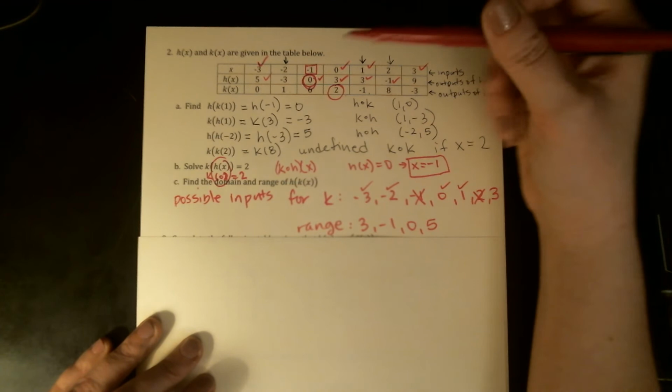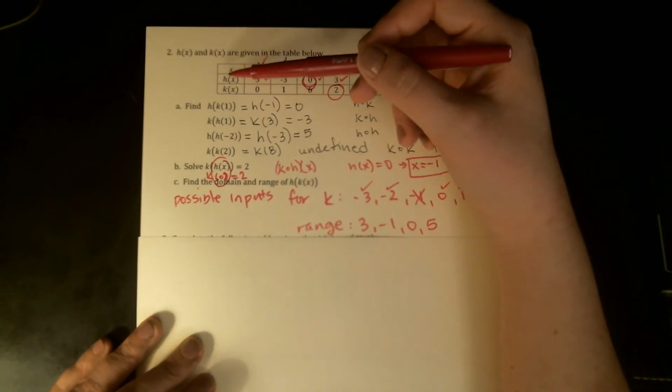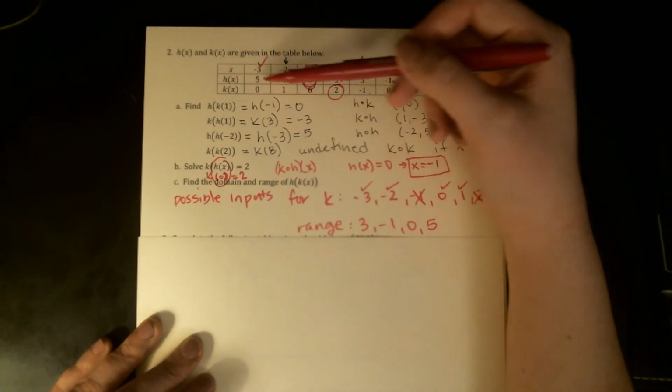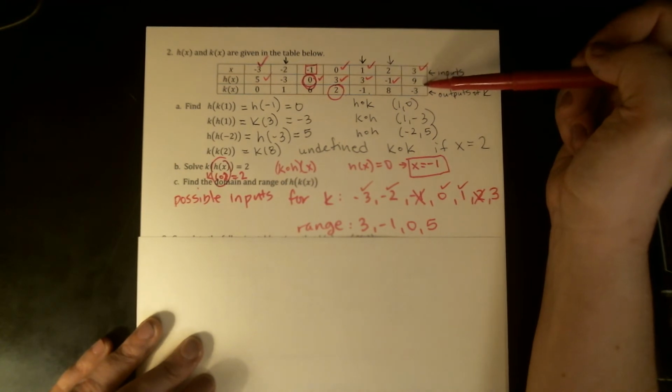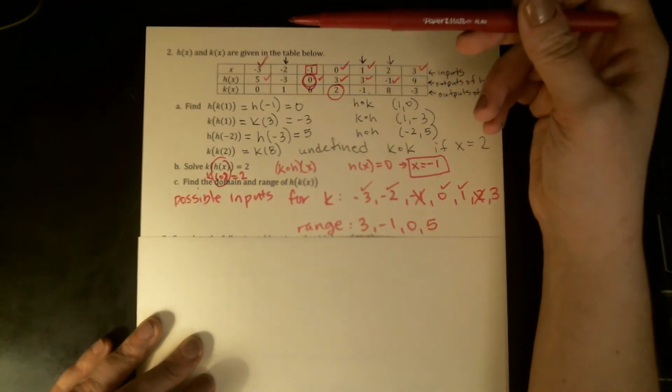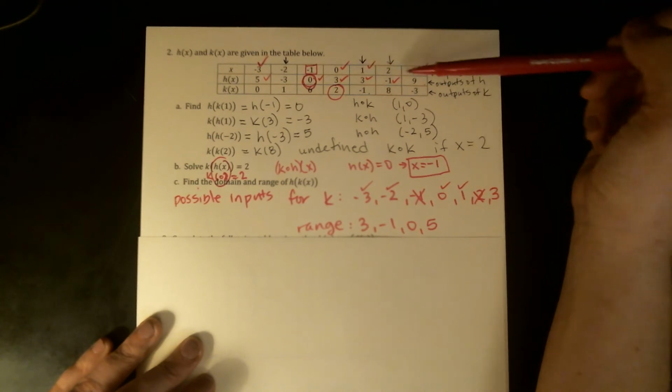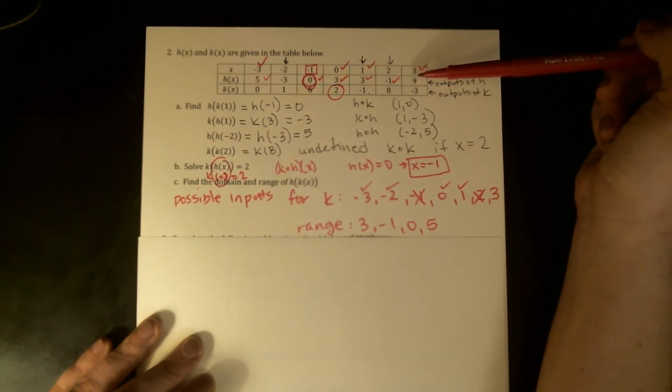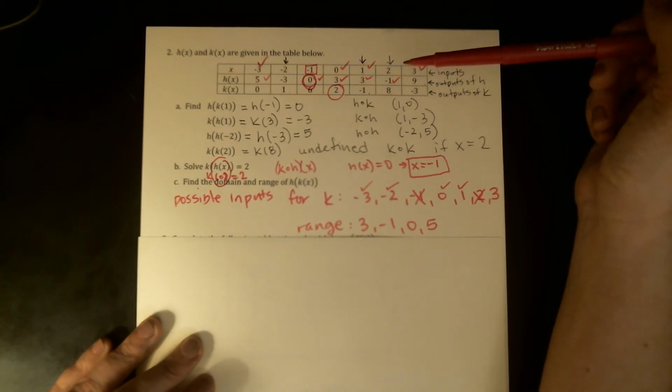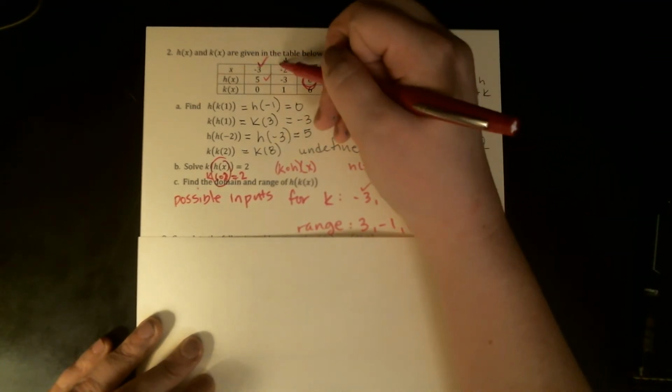So notice that all of the numbers in the range of the composition are in the range of h, the outer function. All of the numbers in the domain of the composition are in the domain of the inner function. But depending on how your input-output pairs work out, you might not be able to use everything in the domain.